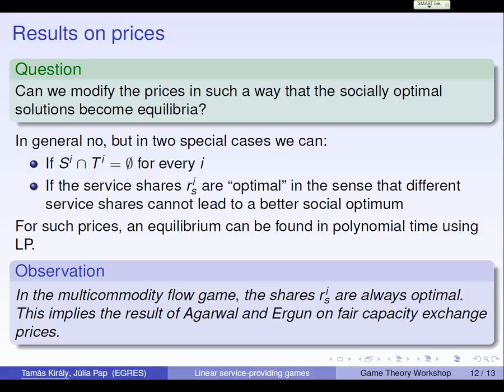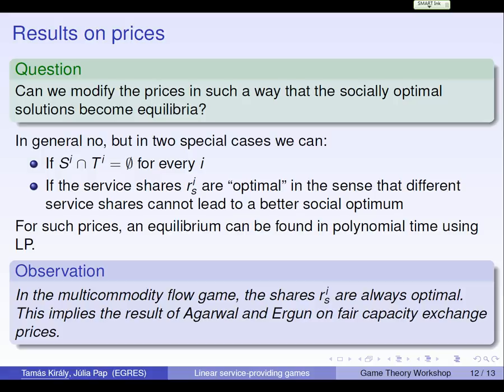One is when, so this is a natural condition that you are either a customer or a provider of each service, but you cannot be both a customer and a provider. In that case, we can set prices like that. And the other case is when these service shares are optimal in the sense that we cannot change them to get a better social optimum.